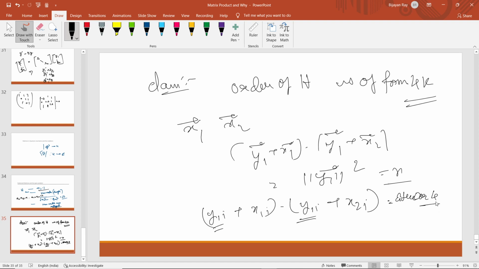So it's either 0 or 4. This is only writing this thing component-wise and then summing, so it would be basically 4k, equal to n. So basically the order of the matrix is 4k.